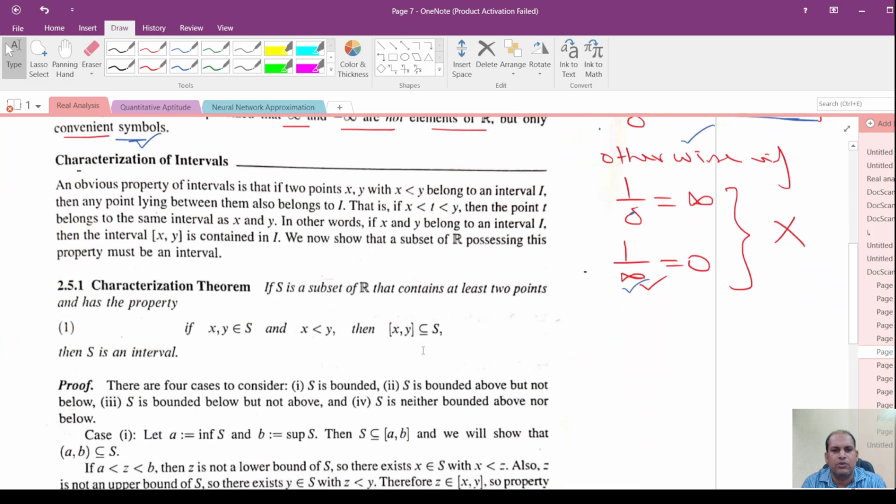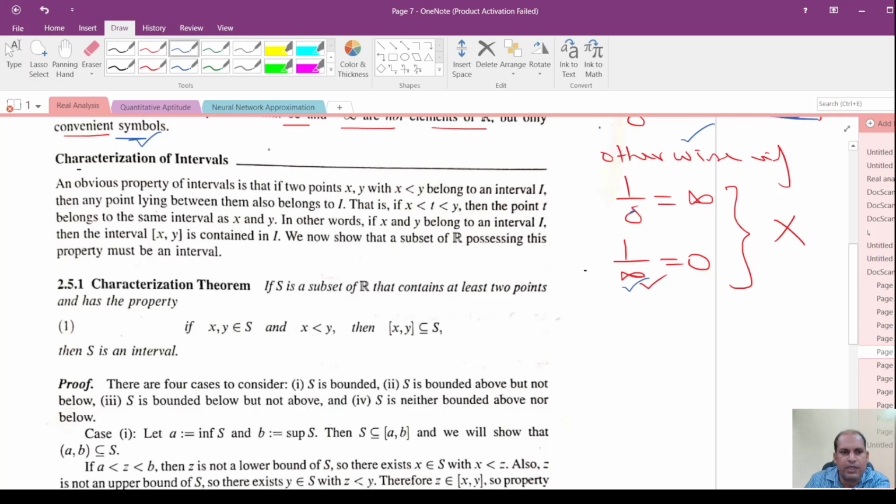Now let us do the characterization of intervals. Suppose t is any real number.